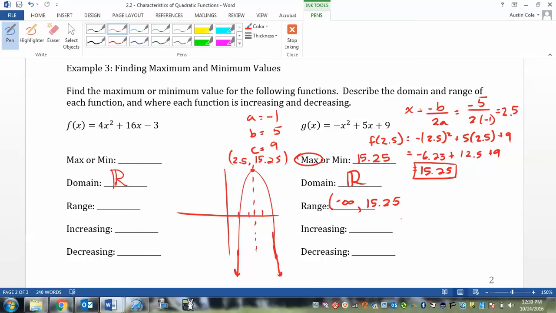Okay, but I don't get when it's a bracket and when it's a parenthesis. That's a good question. We can never get to negative infinity, right? So what we're thinking is that it's not including negative infinity. We're never going to get there. Okay? So let me draw this up here just for a second.